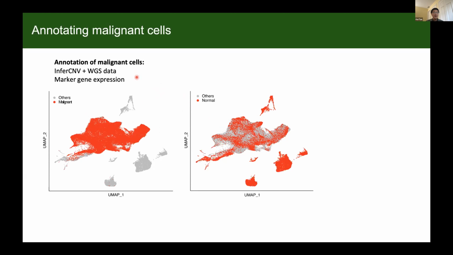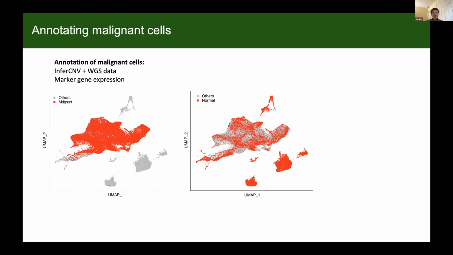The major ones are, first, based on the RNA-seq data, we examine the copy number variation pattern of these cells, and then we cross-reference the CNV inference with our deep WGS data, about 80x coverage. Based on that, we annotate malignant cells from healthy cells, and we did additional filtering using known marker genes for the malignant cell.